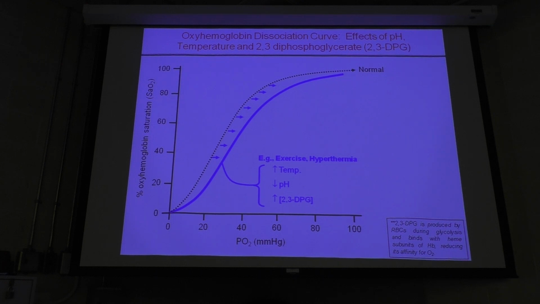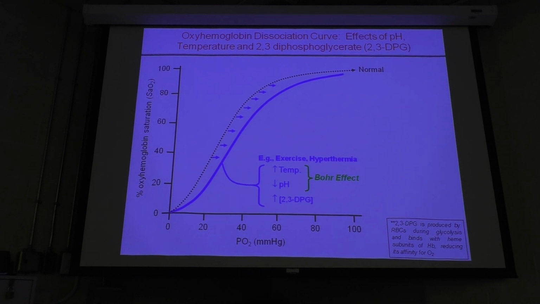The point is that exercise-induced changes in any one or combination of these factors can result in a rightward and slight downward shift of the oxyhemoglobin dissociation curve. The temperature and pH-induced shift in this curve is what is referred to as the Bohr effect.